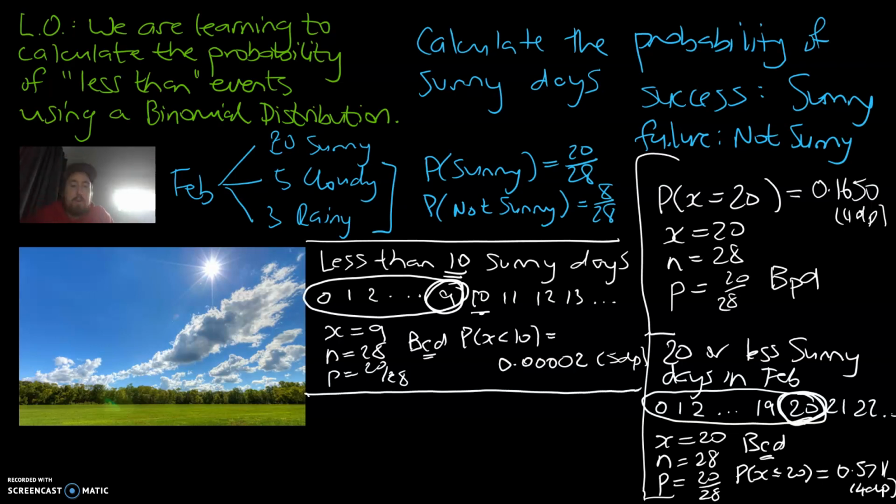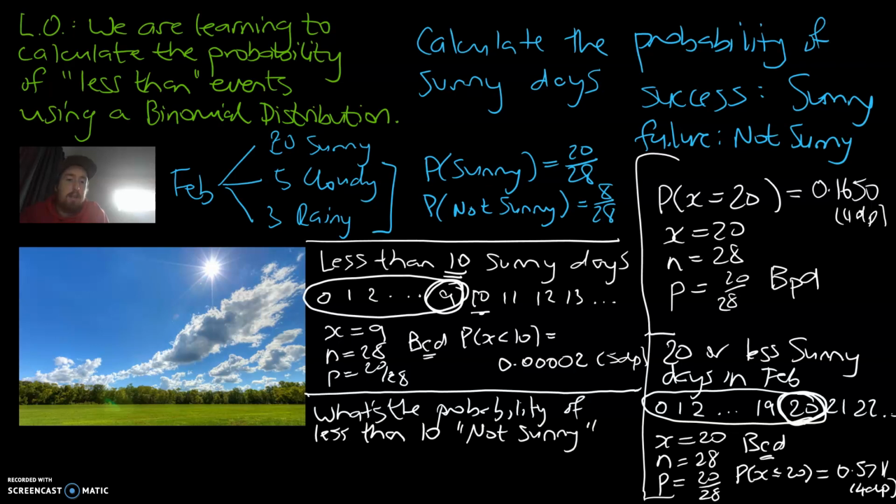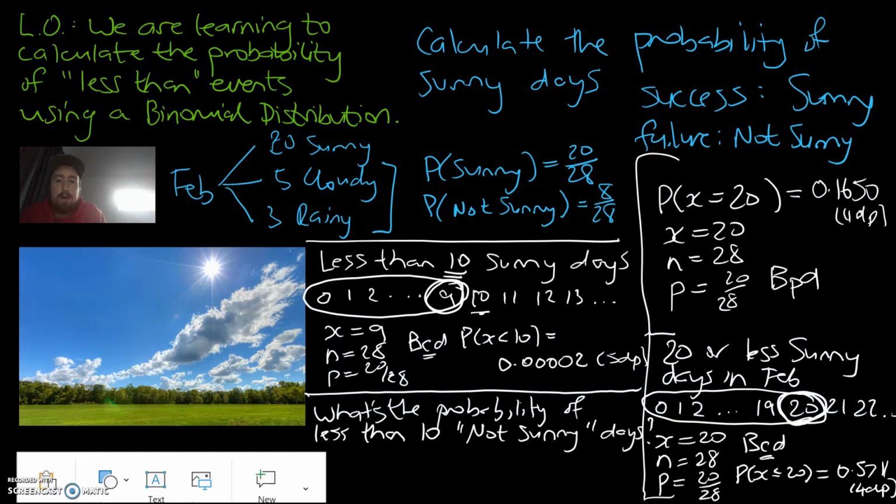The final question we're going to look at is where we switch to non-sunny days. What's the probability of less than 10 non-sunny days? We need to do our number line first: 0, 1, 2, all the way up to 10.